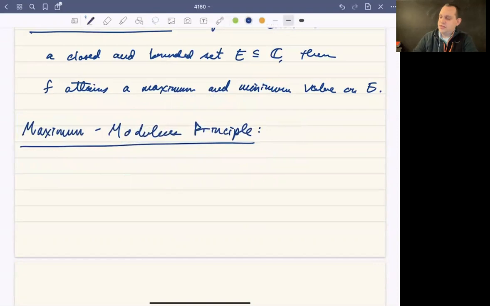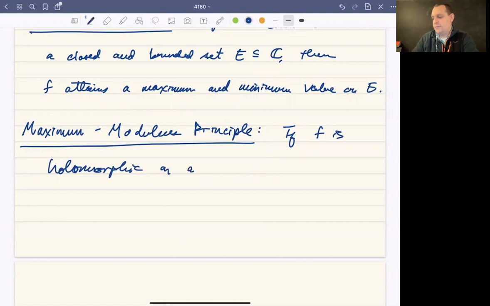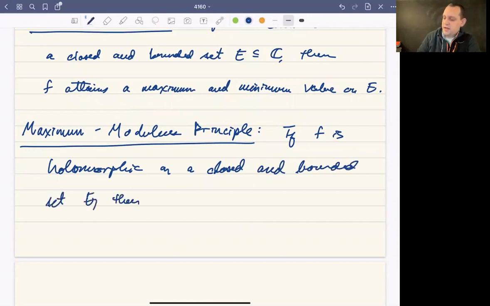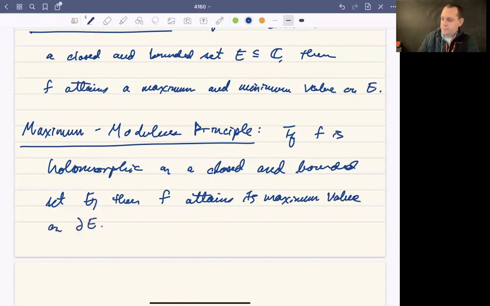What the maximum modulus principle says is that if f is a holomorphic function on a closed and bounded set E, then f attains its maximum value on the boundary of E. So if you have any holomorphic function over a closed and bounded set E, the largest value that you're going to get from this function will be on the boundary of E.